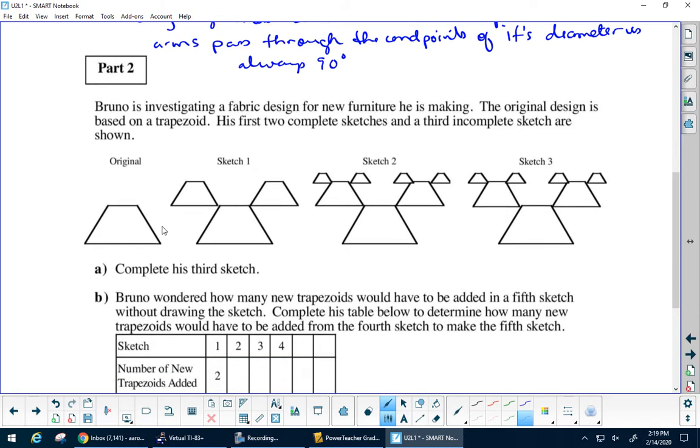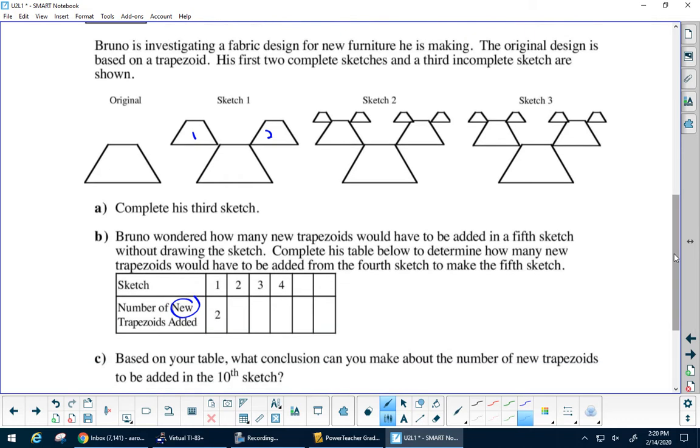So in sketch 1, all he did was add 2 new trapezoids, 1, 2. And in the second sketch, if you can see, he added trapezoids to each one of these two to get 1, 2, 3, 4. So in sketch 2, there was 4.